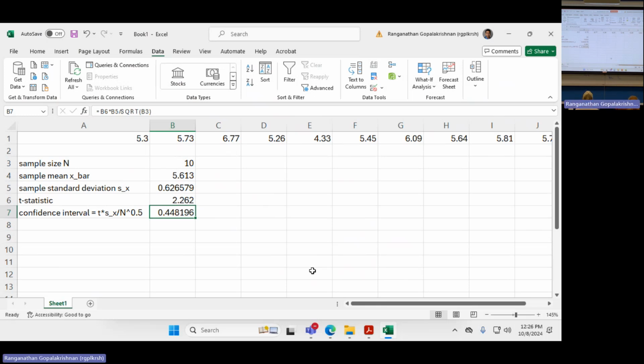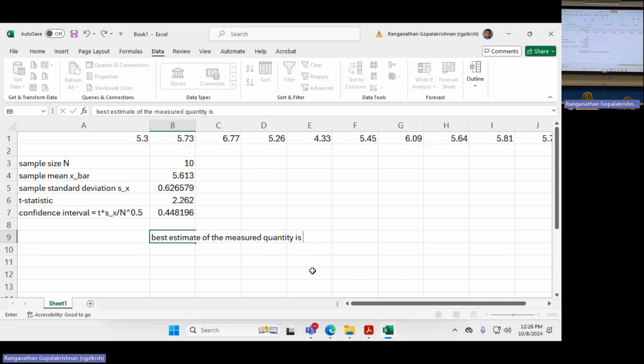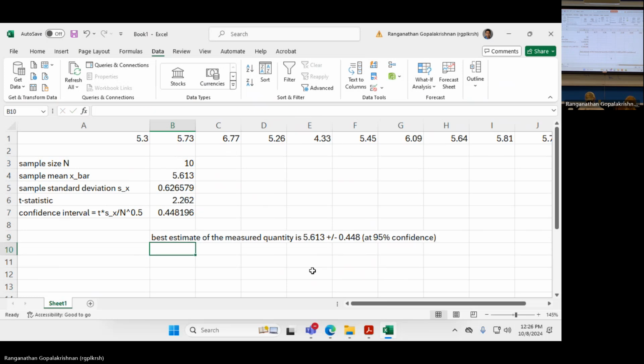Then you have to say the best estimate of the measured quantity is 5.613 plus minus 0.448 at 95% confidence. This is the best estimate.